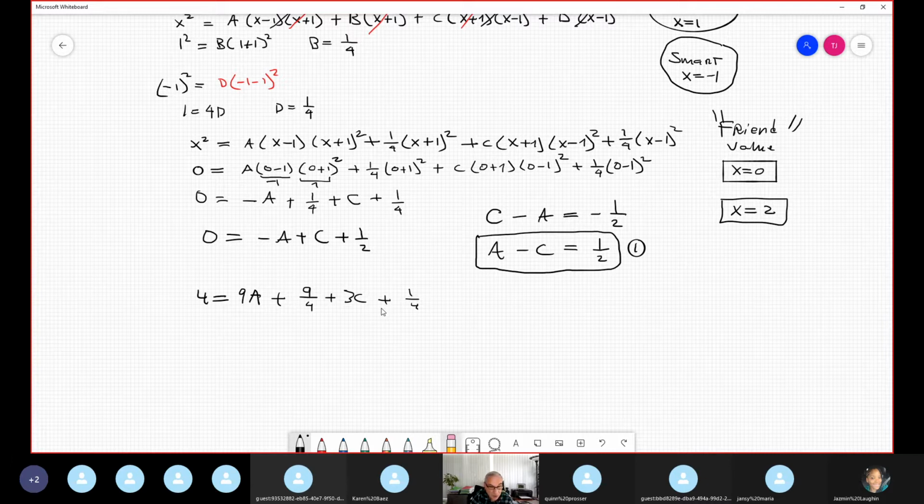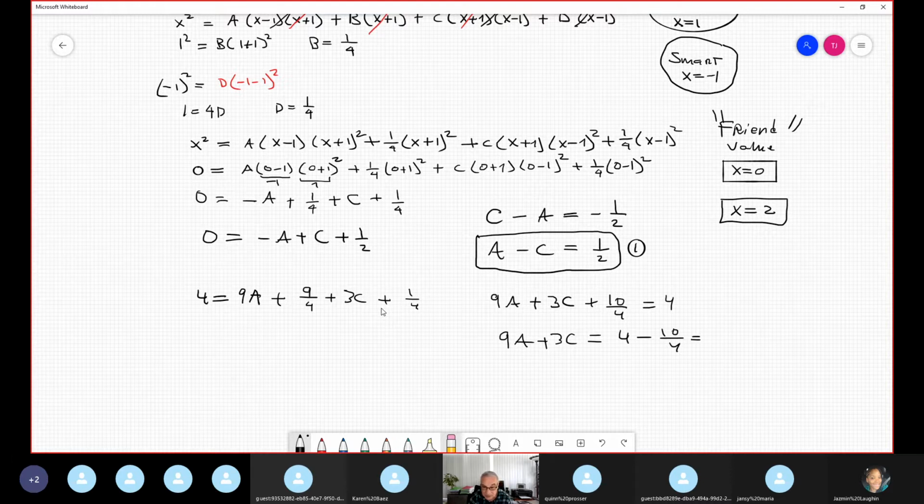So you combine like terms, actually it is 9A plus 3C. You combine 9 over 4 and 1 over 4, that is 10 over 4. So 9A plus 3C plus 10 over 4 equals 4, no? So 9A plus 3C is equal to 4 minus 10 over 4.